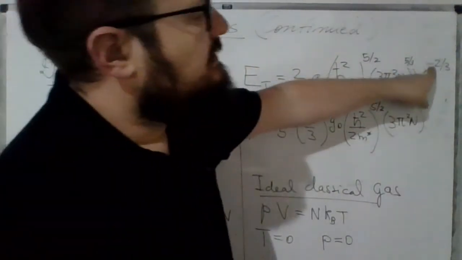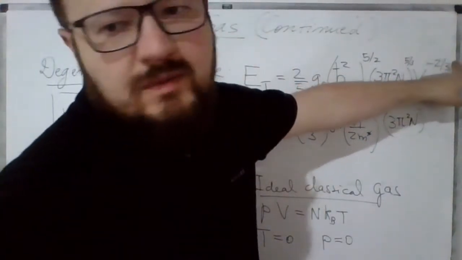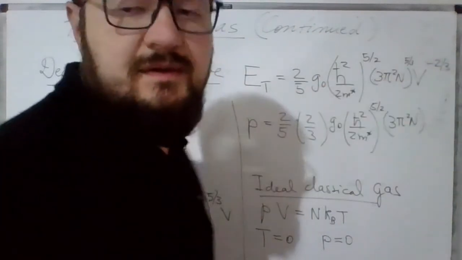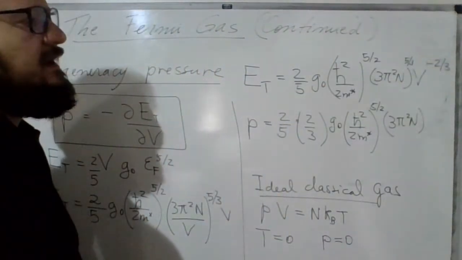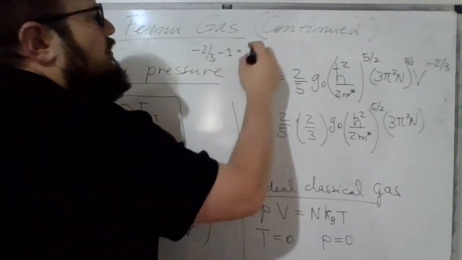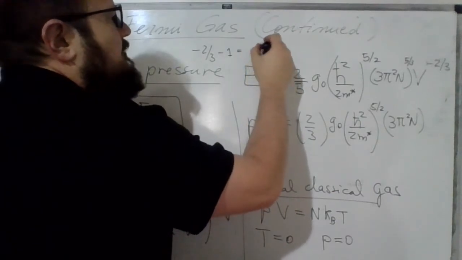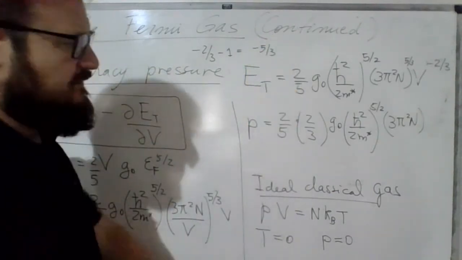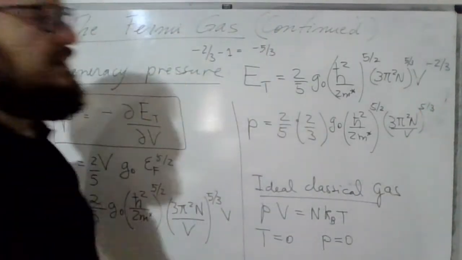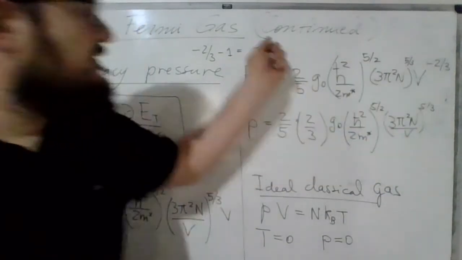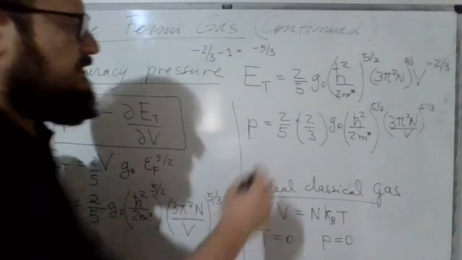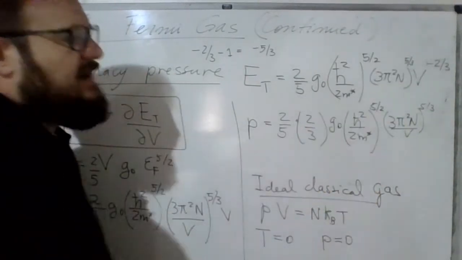And when you differentiate, you need to subtract a factor of 1 here. So you'll have a minus 2/3 minus 1, which produces minus 5/3, and therefore you can already divide this by 5/3. Volume to the 5/3, and therefore the pressure is some numerical value here.